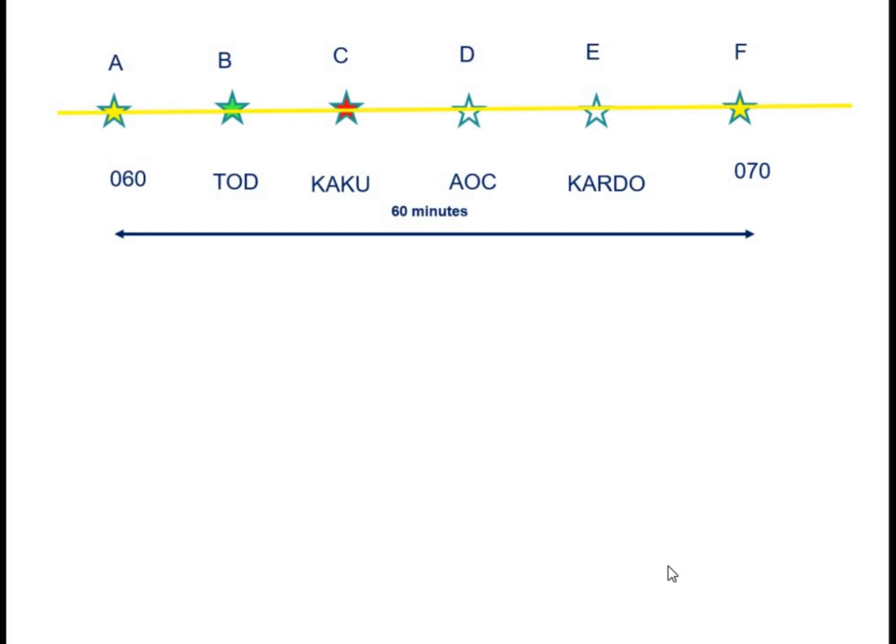Point B and point C will be reported in the intermediate intent report, as there is an intention to reach top of descent at point B, and there is an intent to change speed and altitude at ATS waypoint C.